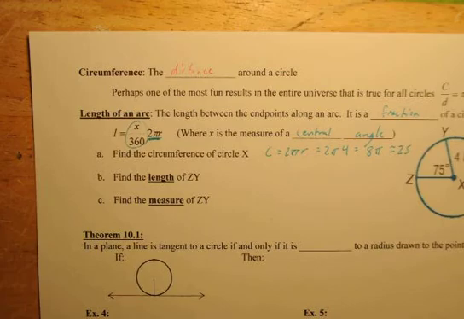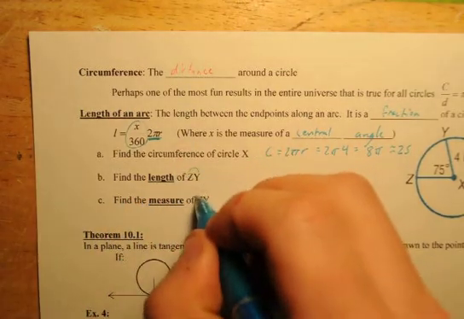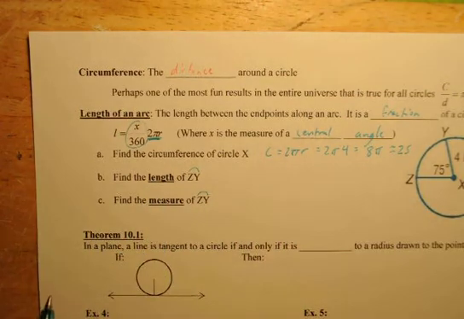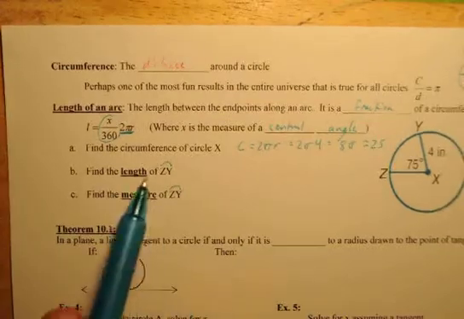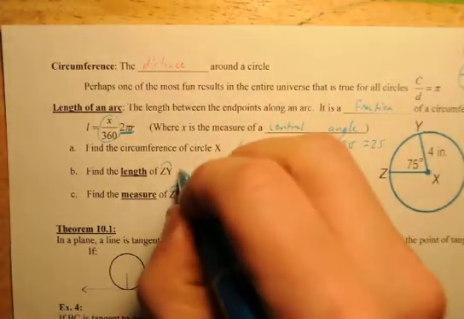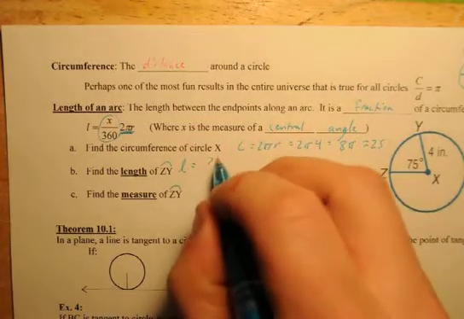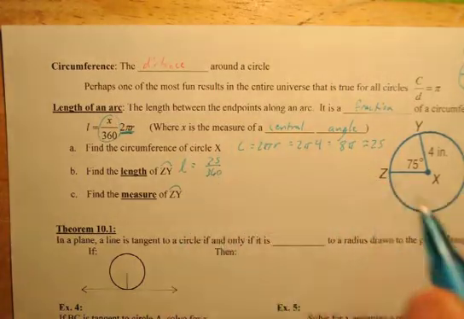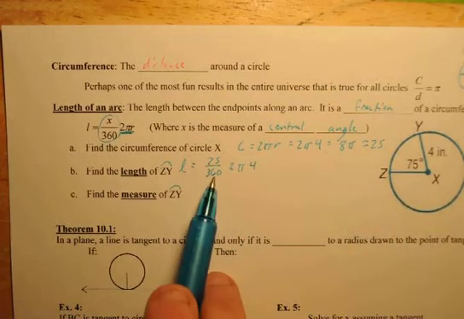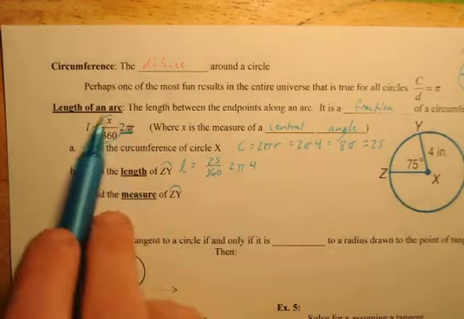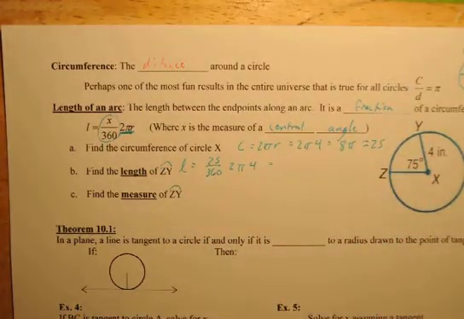Right, find the length of zy. So there's a difference here. This is the length, and this is measure. So different question, but they're using the same arc. So find the length of zy. So the length of zy, we have to use 75 over 360 times 2 pi r. That's x over 360, 2 pi r. I'm using this equation right here.